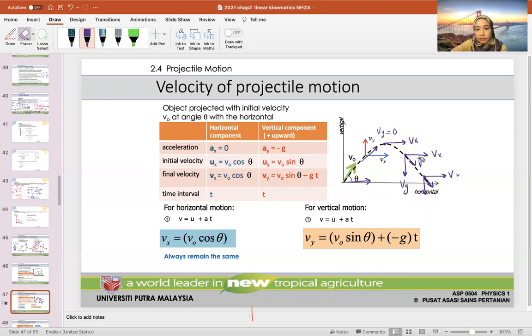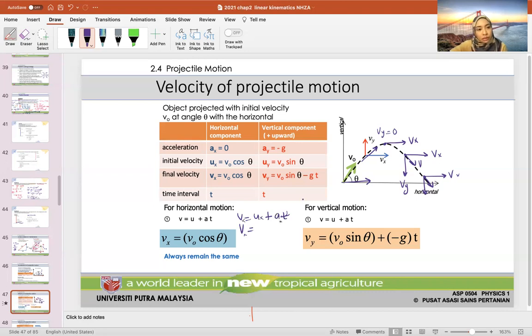And for the final velocity over here, it uses the equation v equals u plus at, but it is not shown here. So v equals u plus at, the linear kinematics equation. It wants to find v. In our case, this is ux, vx, this is ax and this is t.